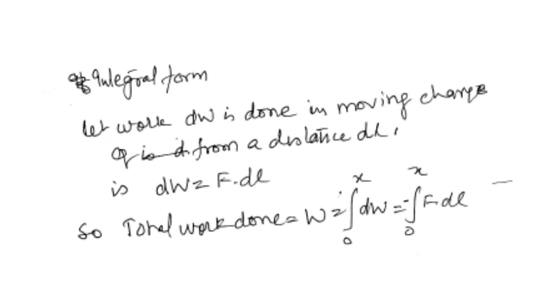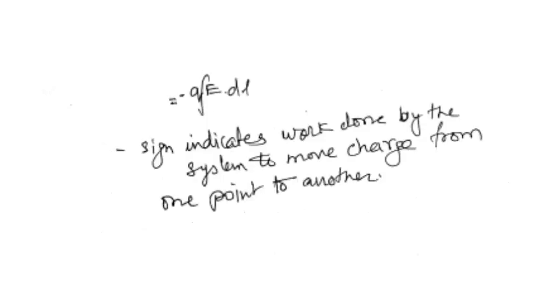dW work is done by applying a force F up to dl, then dW is equal to F dot dl. So total work done is W is equal to the integral of dW. If you integrate all the work, you will get the integral of F dot dl from 0 to x. In place of F, you can use QE.